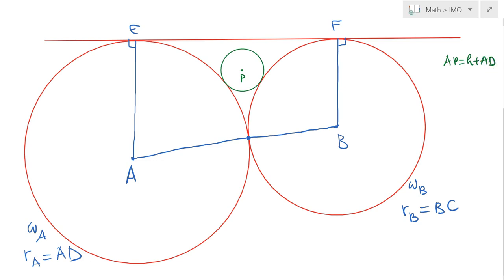So the point D is somewhere on the first circle, omega A, and the point C is somewhere on the circle omega B. So AP we understand is this line, which I can simply draw here. That's the line AP, and AP is equal to h plus AD. Because D is anywhere on omega A, that obviously satisfies it, right?